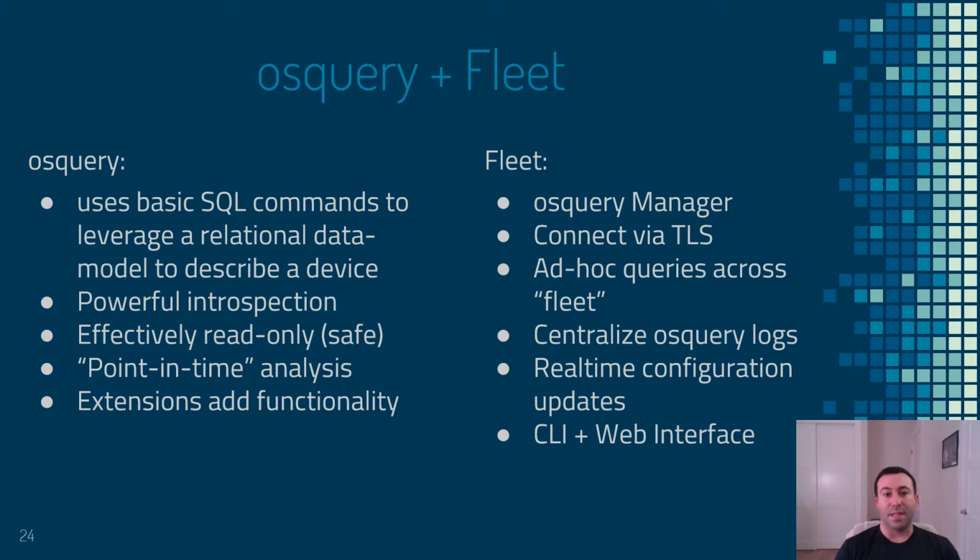Fleet is what DetectionLab uses as an OSQuery manager. Fleet also allows queries to be issued on an ad hoc basis against hosts. One way this can come in handy is, say for example, you have a threat intelligence team and that team receives some information that a specific Chrome extension has been discovered to be malicious and is sending malicious traffic.